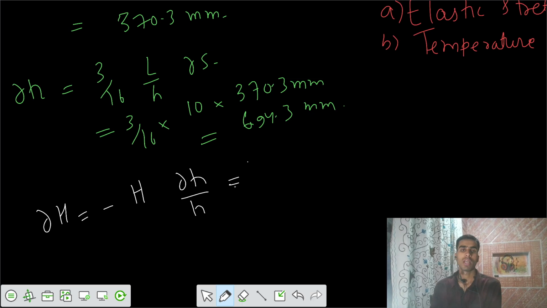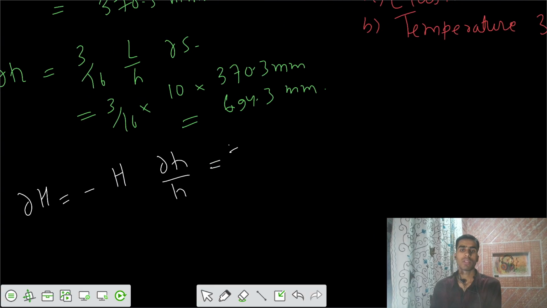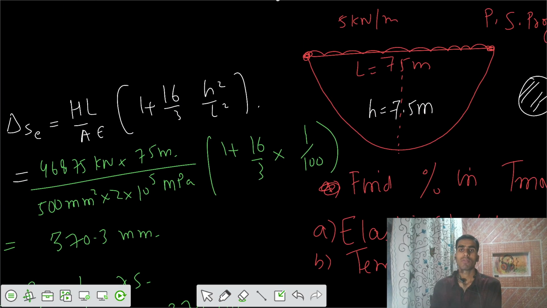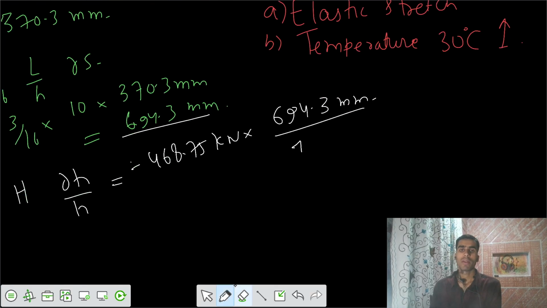Change in horizontal is minus the horizontal reaction, 468.75 kilonewton, times change in sag, 694.3 millimeter. What was the initial sag we had? That was 7.5 meter, that is 7500 millimeter. And we have change in horizontal equals minus 43.39 kilonewton.